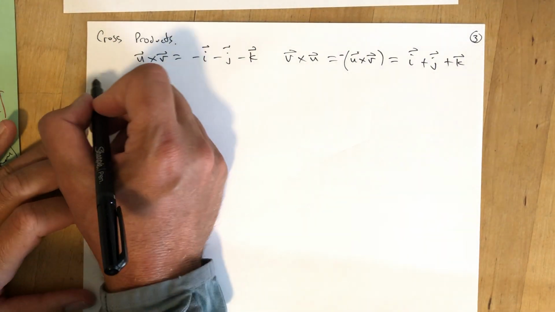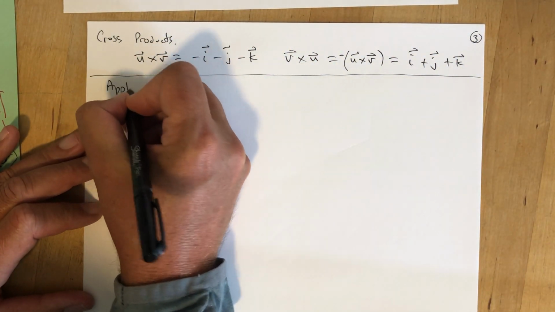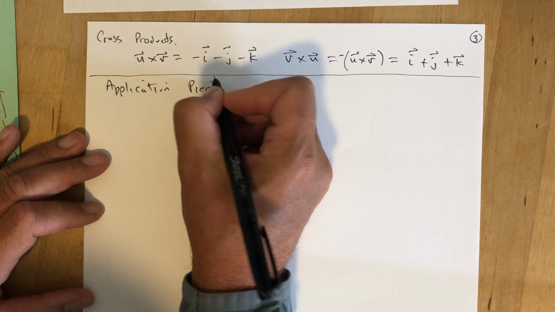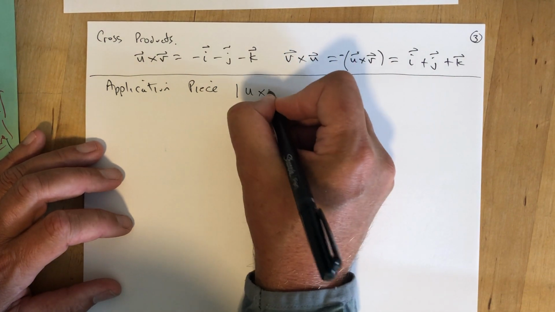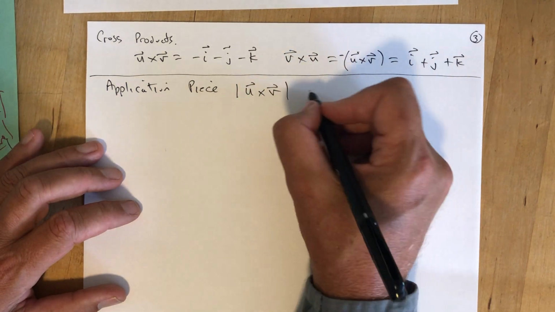Okay, the last piece here, this is just sort of an application part. It's a pretty cool result that if you take two vectors, u and v, you take the cross product and you take the length of it.